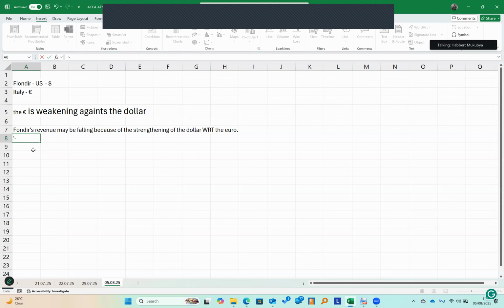Since we are manufacturing in the US, when the dollar strengthens, this makes Fondir's goods more expensive in Italy compared to others whose currency is the euro.